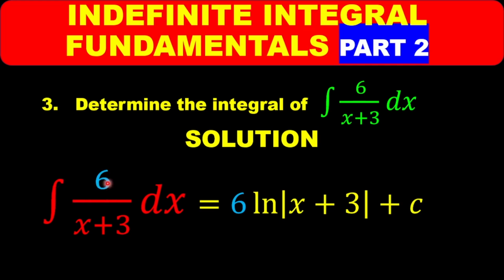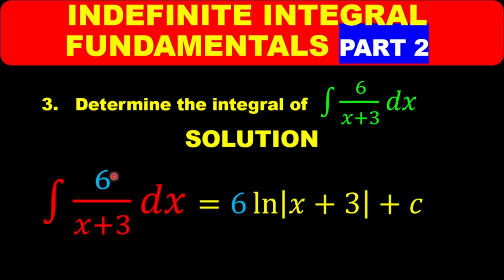So when I pick the 6 out and I bring it here, I am going to get 1 over x plus 3. And per the standard, the integral of 1 over x plus 3 is going to give you the natural log of the absolute value x plus 3. Let's get that right. But because this is 6, the 6 will now come out. And so we have this 6 here.